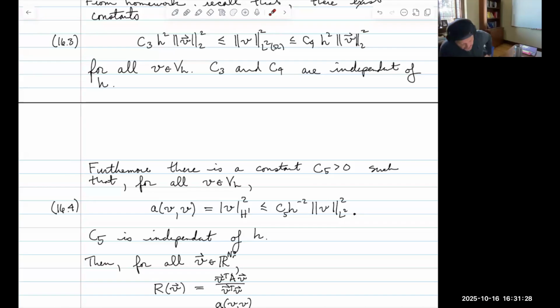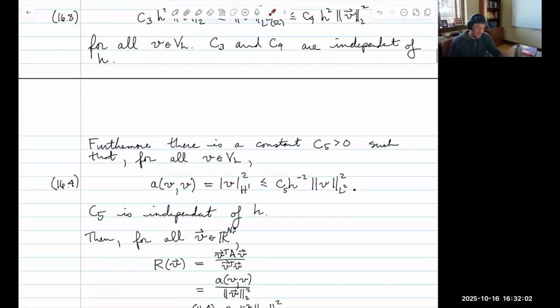Again, h to the minus 2 goes to infinity as h goes to 0. So it's a little bit like being able to prove a reverse Poincare inequality, but not with a constant, but with a constant times a scaling with respect to h, which scales kind of badly. And that's because we're trying to do something which can't normally be done in infinite dimensions. It can be done in finite dimensions, but I've got to pay this price.